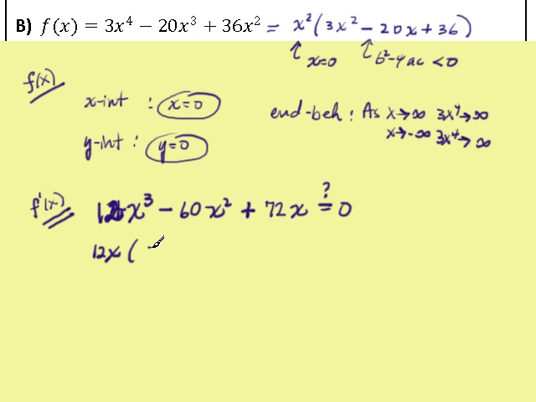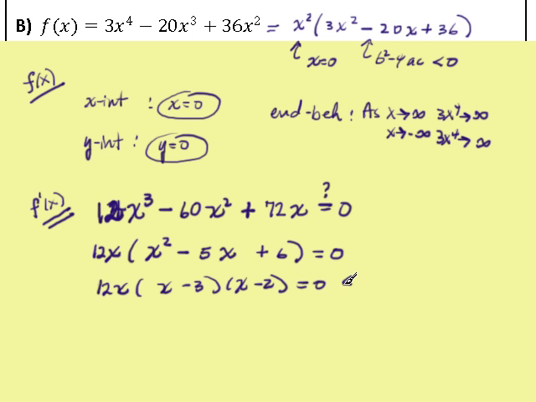So if we do that, here we have x squared minus 5x plus 6. All right, this factors to x minus 3, x minus 2. So for critical values, we have 0, 3, and 2. And we'll put those on the number line.